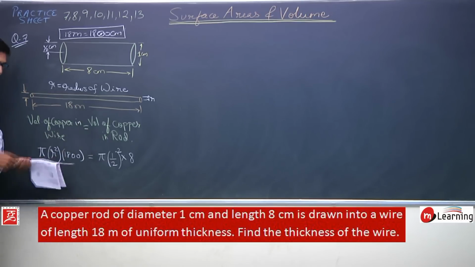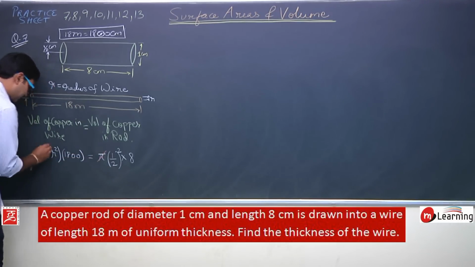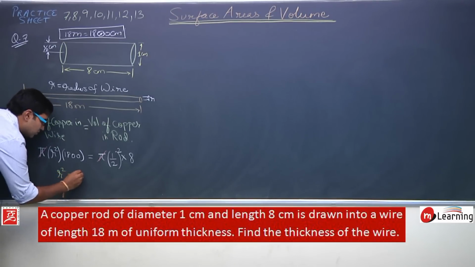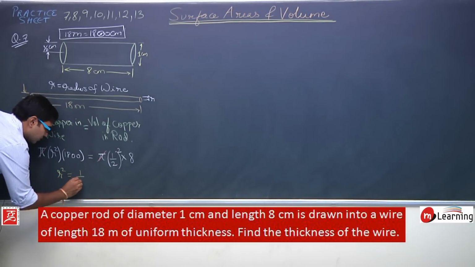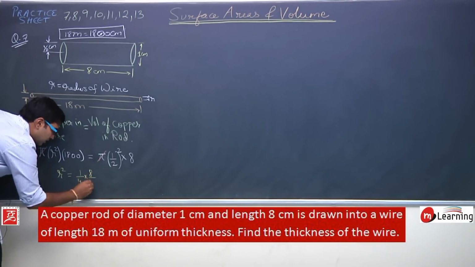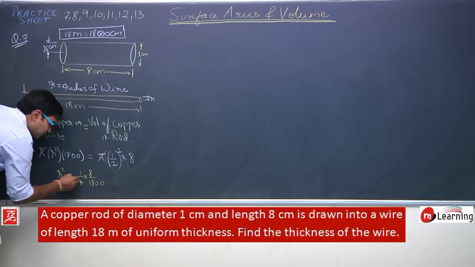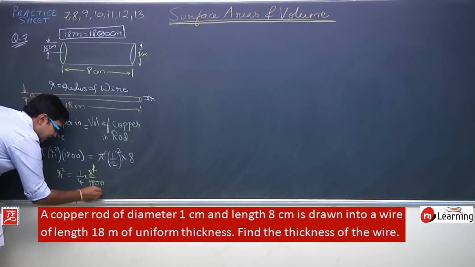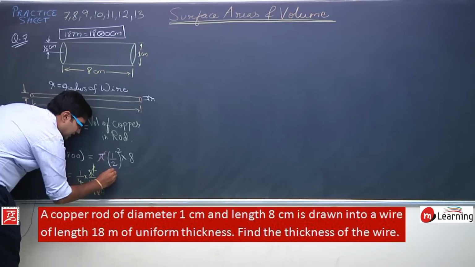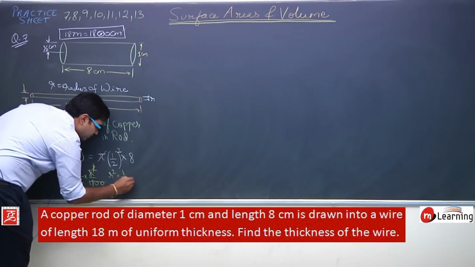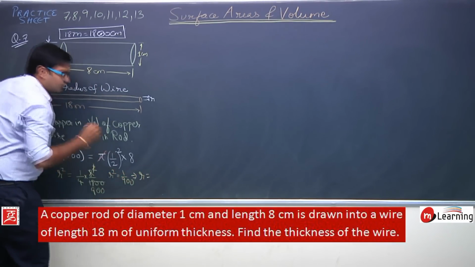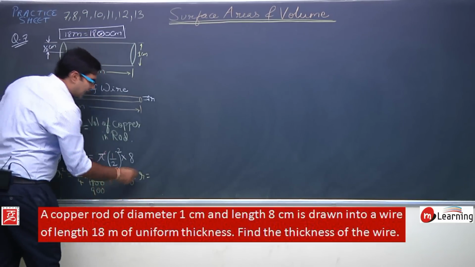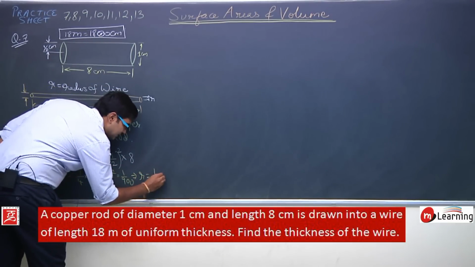Now further solving, the pi and pi terms will get cancelled and you will get r square is equal to 1 upon 4 into 8 upon 1800. So 4 ones are 4, 4 twos are 8, then 2 ones are 2 and 2 nines are 18, so 900. So r square is equal to 1 upon 900, which implies r is equal to square root of 1 upon 900. 900 is the square of 30. So you will get r is equal to 1 upon 30 centimeters.